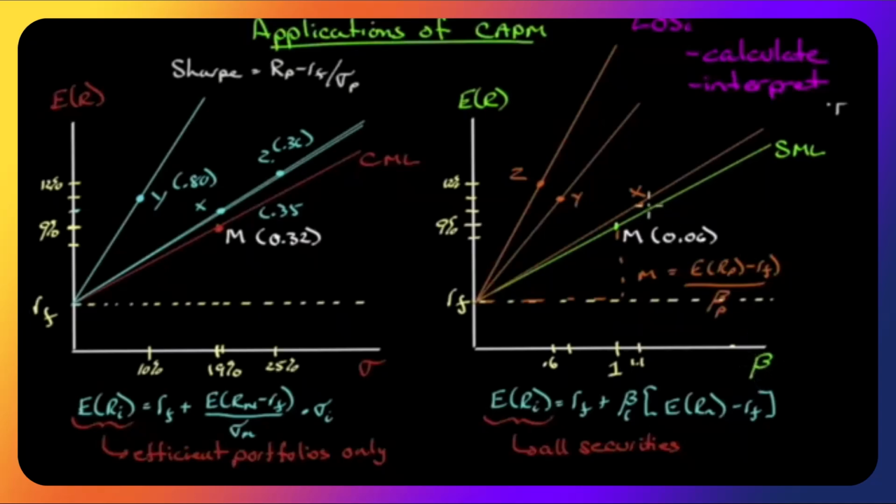The market was 0.06. Y was 0.114. Notice the slope of the line is much, much steeper. And Z was 0.15. And again, if we plot it in return beta space, each of these agrees with exactly what the Treynor ratio is. The slope of the line gives us exactly what each ratio is.